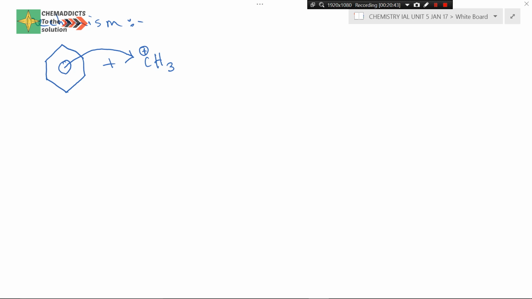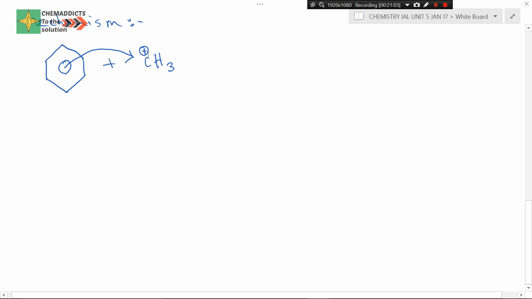Just like in the nitration of benzene, this is also an electrophile. This methyl electrophile will pull out a pair of electrons from the delocalization, not from the sigma bonds, but from the pi bonds.